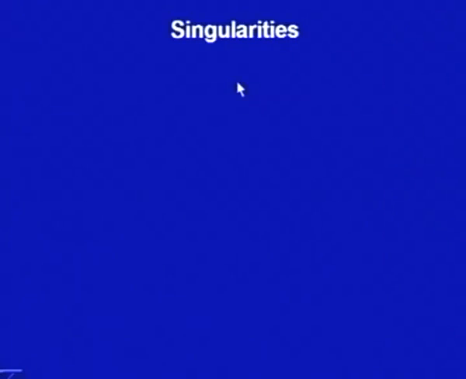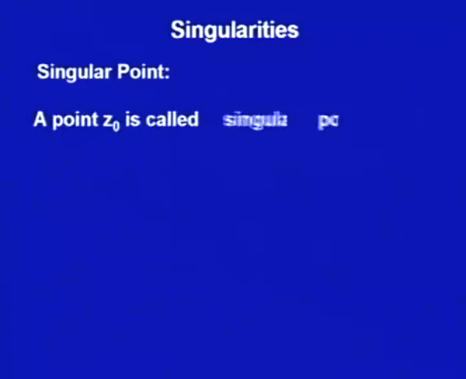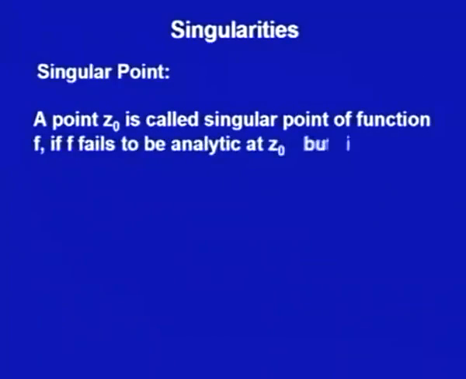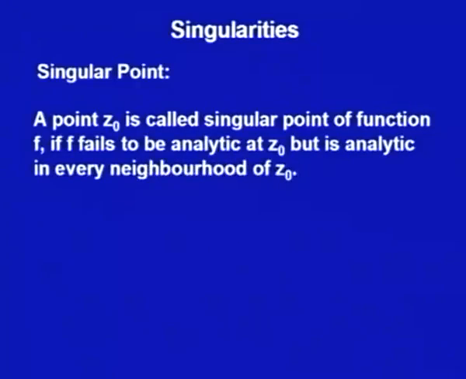Now come to the other term called singularities. Singularities are also known as singular points. A point z naught is called a singular point of function f if f fails to be analytic at z naught but is analytic in every neighborhood of z naught.